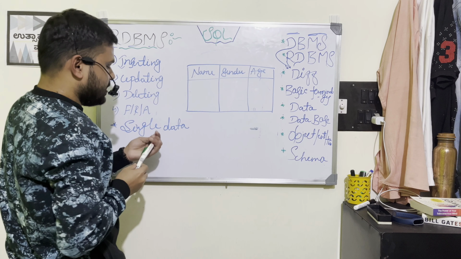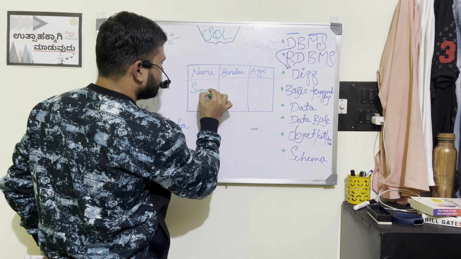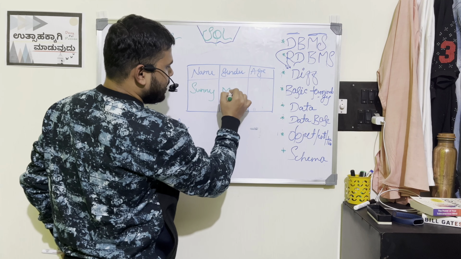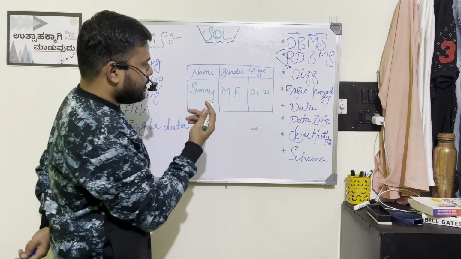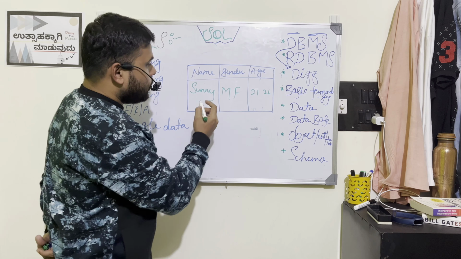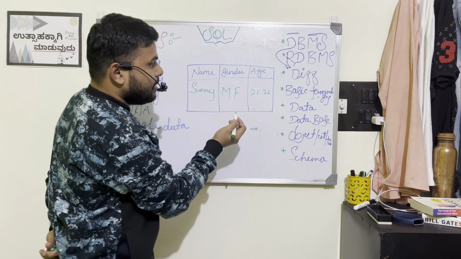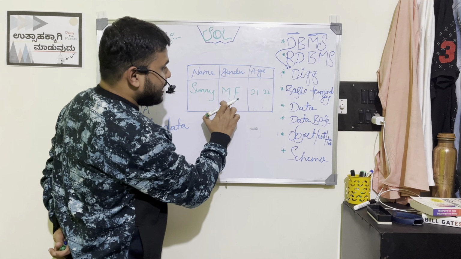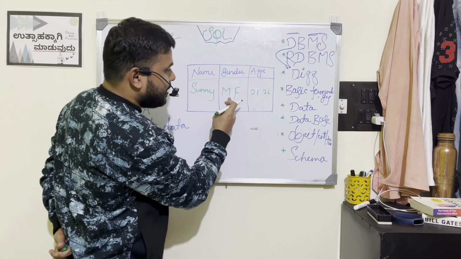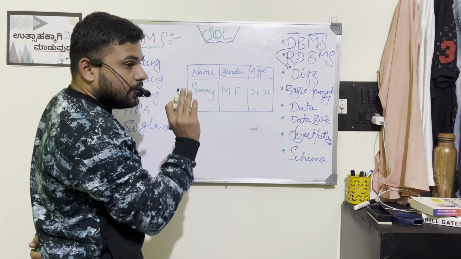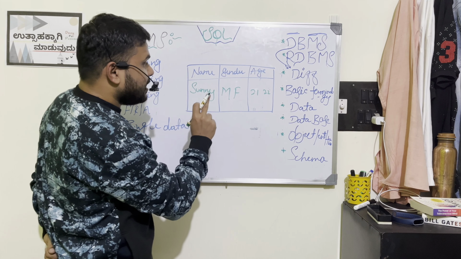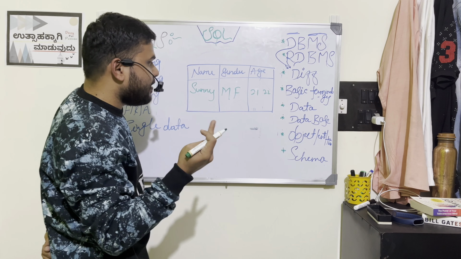I will write name Sunny, male, female, 21, 22. Here I only know Sunny is male or female. If I write multiple values in a cell, confusion will take place. That is the reason EF Codd's first principle says each and every cell must consist of a single value.